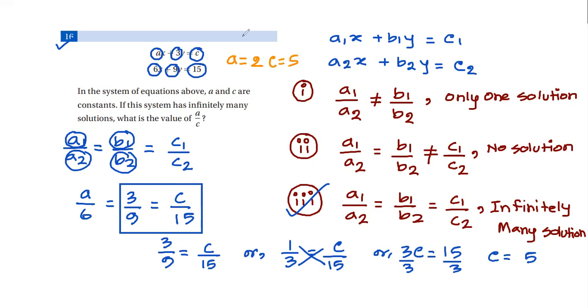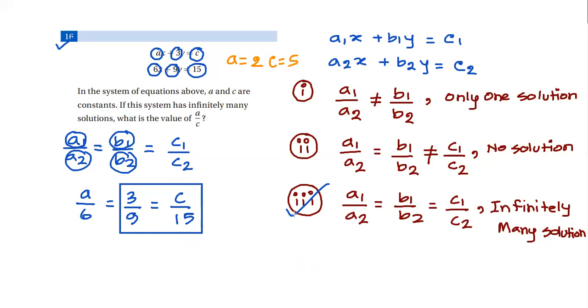And actually, you need not solve it by equation. You can mentally solve it, right? Just see, we can write it like a over 6, that's 1/3, equals c over 15.